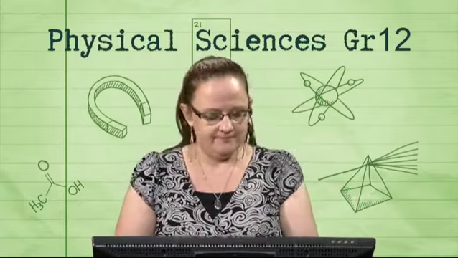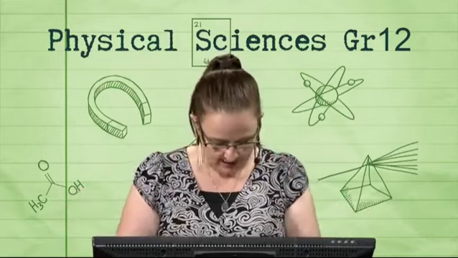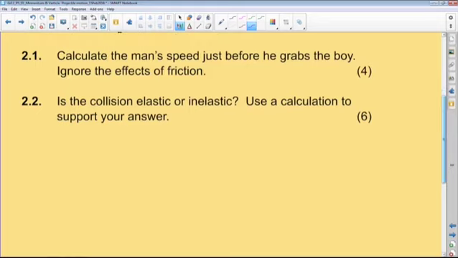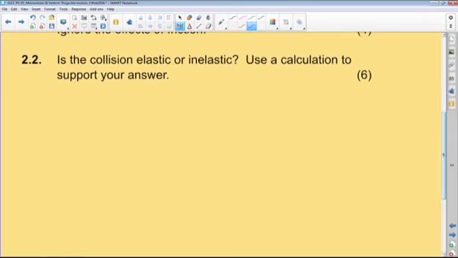Now, just reading the question doesn't always help us. So the best thing to do, and you need to understand, guys, I can't draw, so we're not even going to pretend I can, is draw a little picture of what's going on. They told us we have a man on roller skates. So here's my little man. I'm not even going to try to draw roller skates.